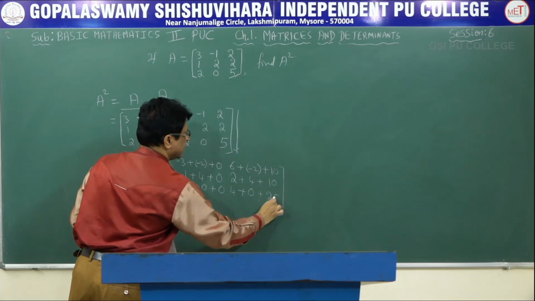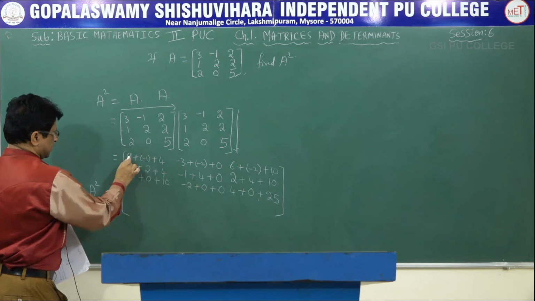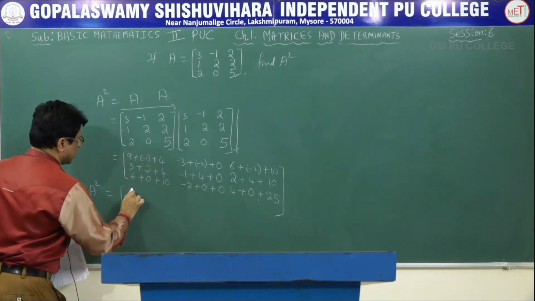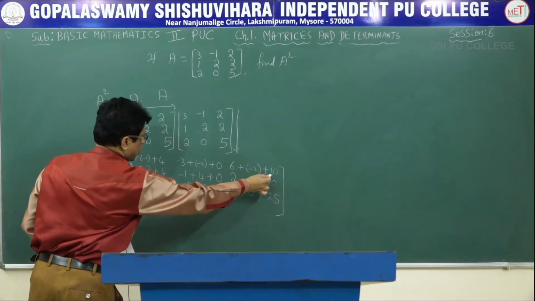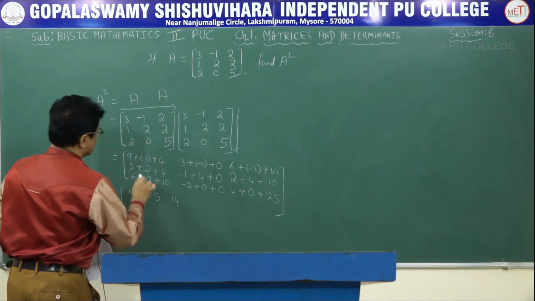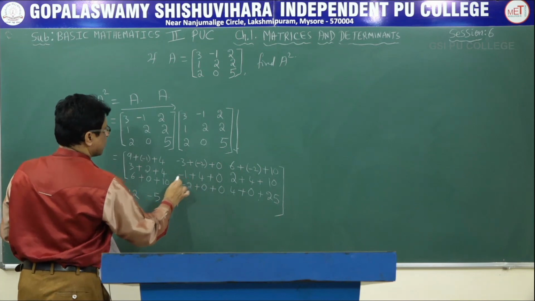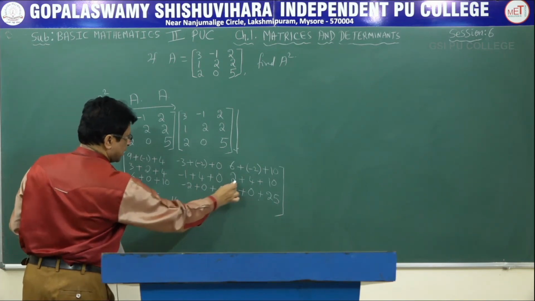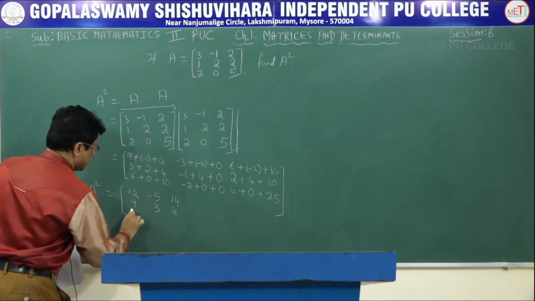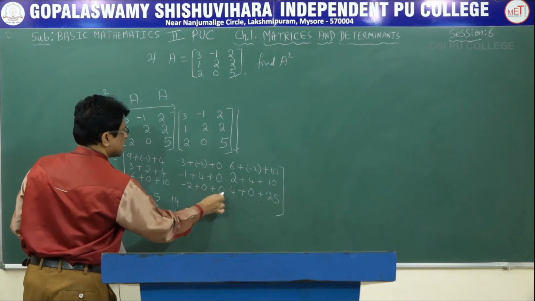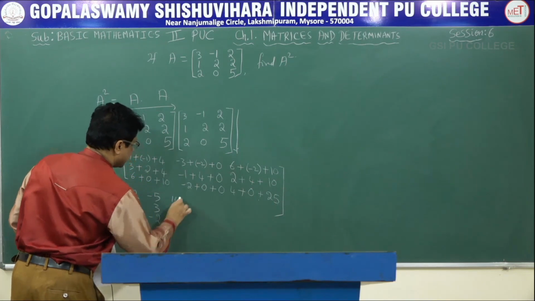So A square will be equal to 9 minus 1, 8, 8 plus 4, 12, minus 3 minus 2 is minus 5, 6 minus 2, 4, 4 plus 10, 14, 3 plus 2, 5, 5 plus 4, 9, 4 minus 1, 3, 2 plus 4, 6, 6 plus 10, 16, minus 2 plus 0 is minus 2, 4 plus 25, 29.